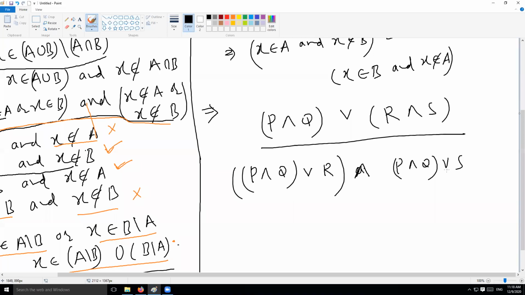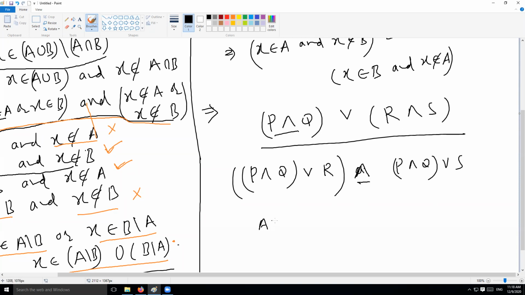So in other words, apply P and Q with R first, and then this and is the and that is coming here actually. Then apply this entire bracket with R and S. So keep this in view.